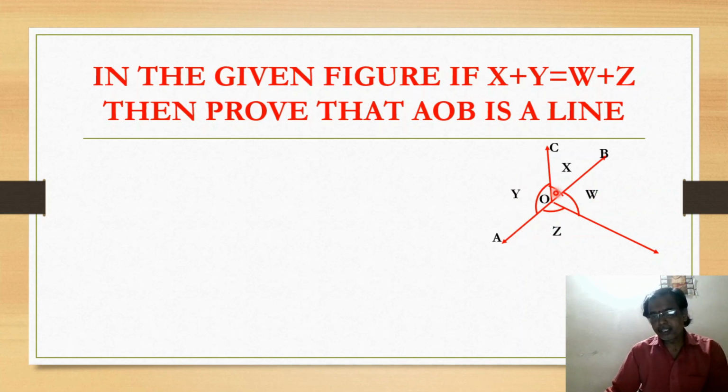Here on one side is ray OC and on the other side another ray. So x plus y is equal to w plus z is given. From that we have to prove AOB is a line. Actually it is a line, but we have to prove it by using the linear pair properties.